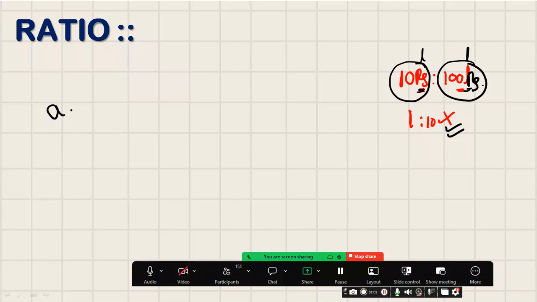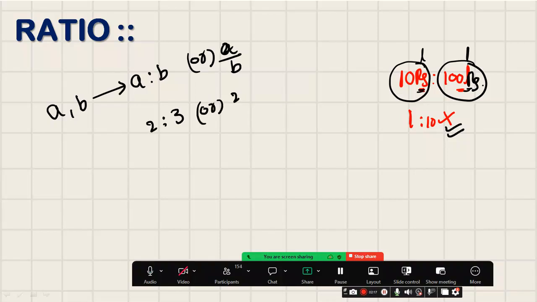For example, A comma B. The ratio is A is to B, or A by B, which is the same. For example, 2 is to 3 or 2 by 3 is the same.